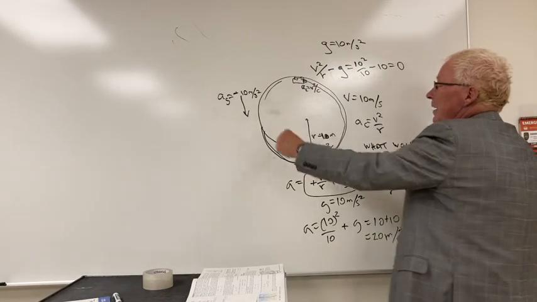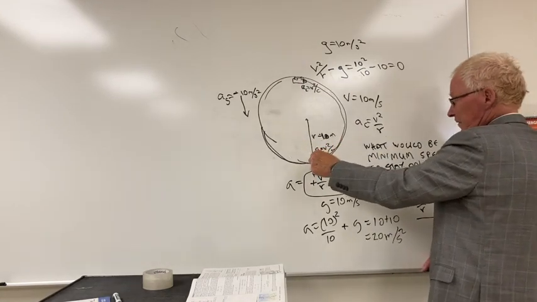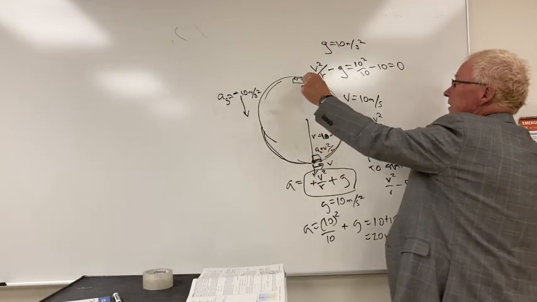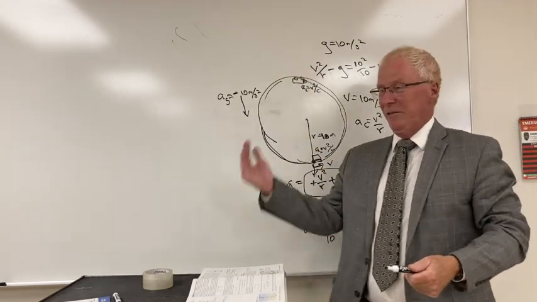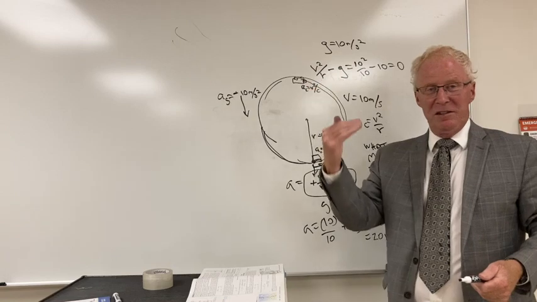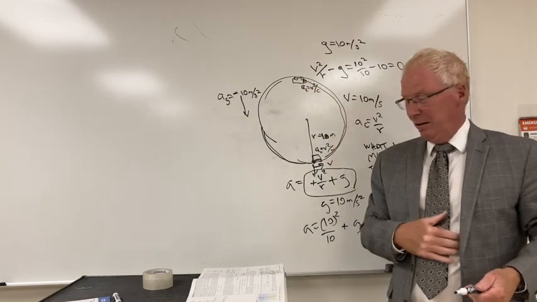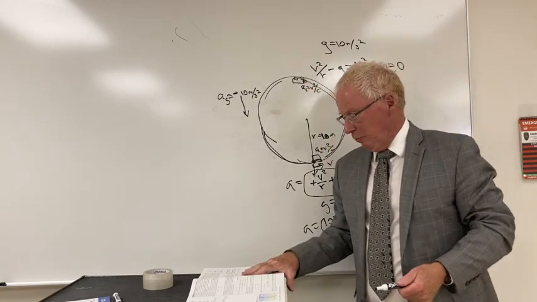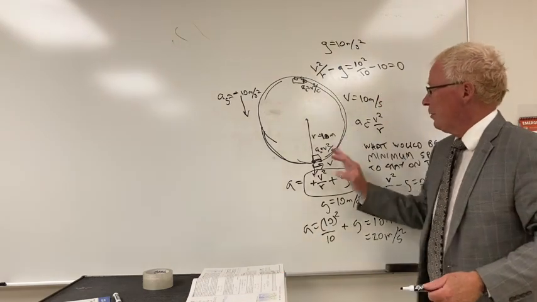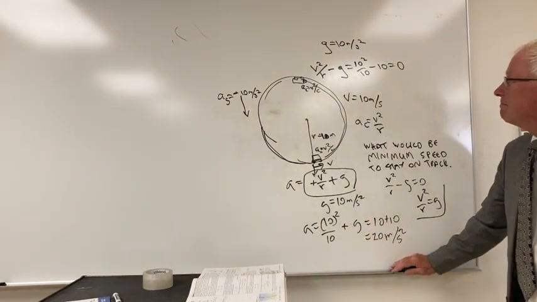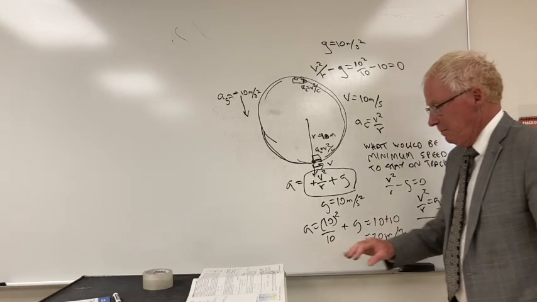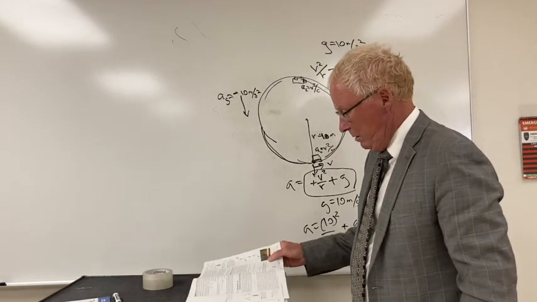So it would actually be going up, feel 2 g's here, and 0, 2 g's. And that's why if you're in a ride going upside down, you feel the sense of kind of like falling out of it. So that's acceleration in a centripetal direction. So that's part of section 5.2.